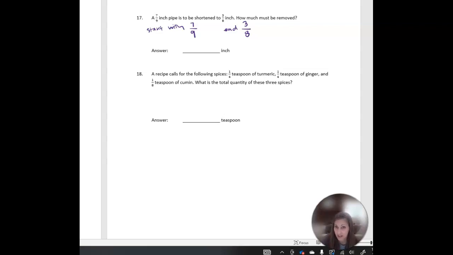Okay, this is a little more complicated. So we've got 7/9 minus some part, we don't know that part, so we're going to put an X, equals 3/8. So the question is, what has to be removed in order to end with 3/8? It is to be shortened to 3/8, not shortened by 3/8.